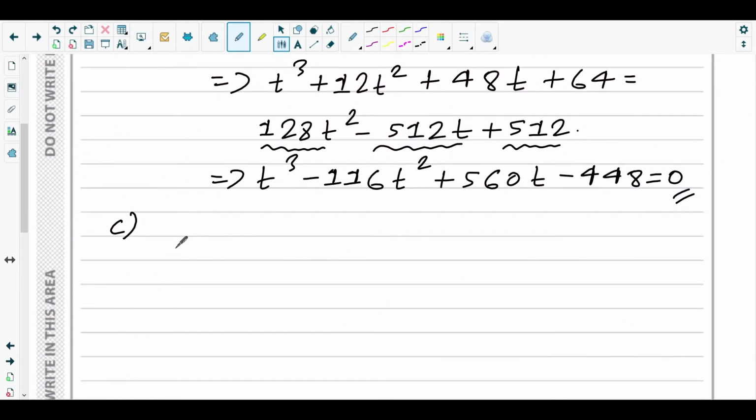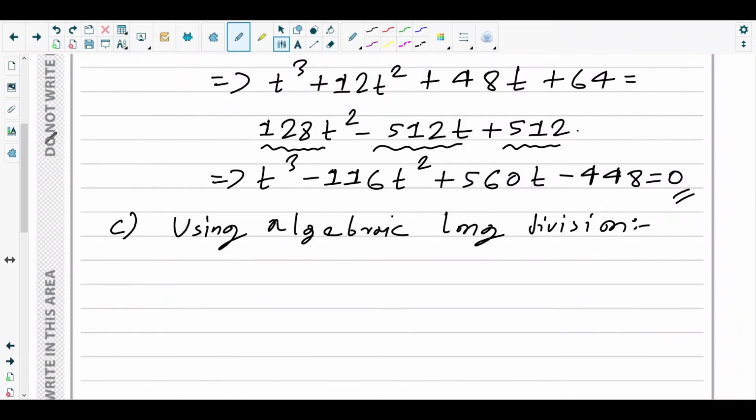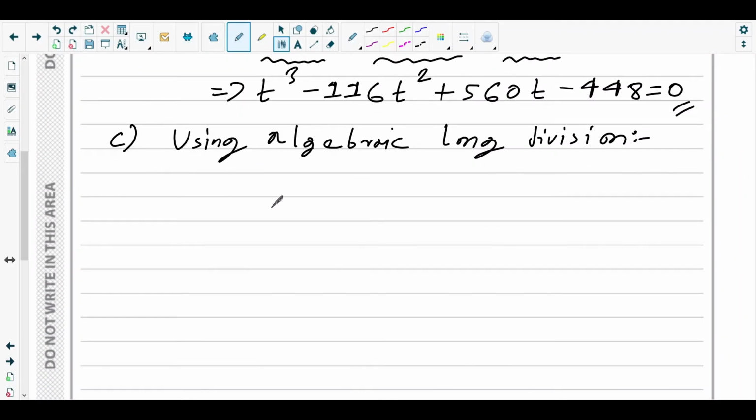Okay, so using algebraic long division, we will factorize the cubic equation. So t cubed minus 116t squared plus 560t minus 448.